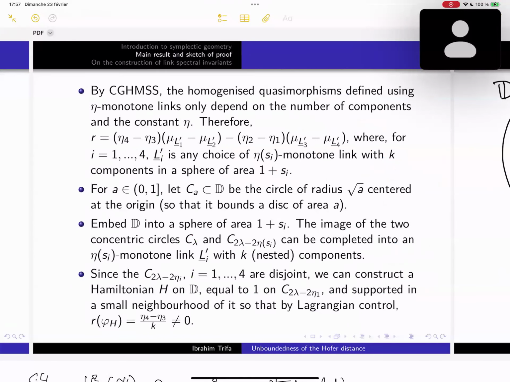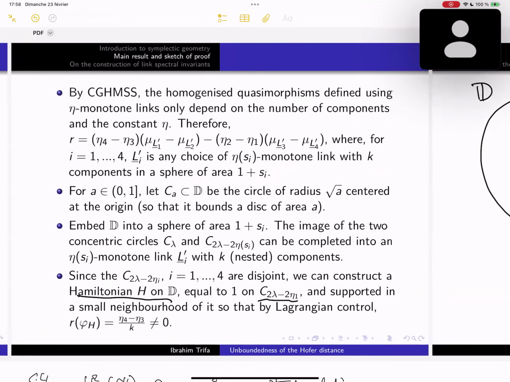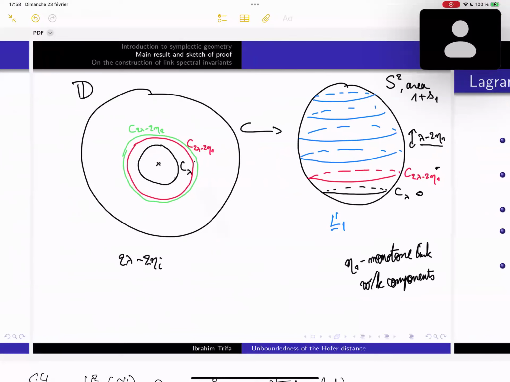And so if we take a Hamiltonian H on D, which is equal to 1 on the circle C of 2 lambda minus 2 eta 1, and supported in a small neighborhood of it. As I said before, the other circles for eta 2, eta 3, and eta 4 are disjoint from this one because they have different values of eta. So we can pick the support really small so that it will be 0 on the other circles.